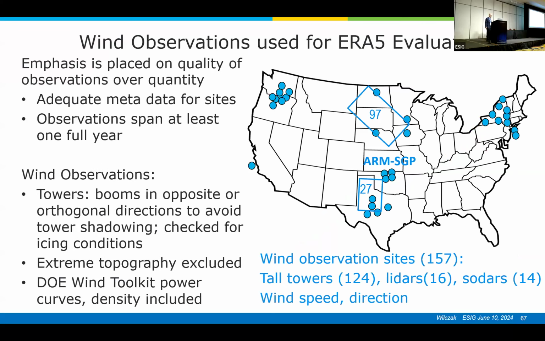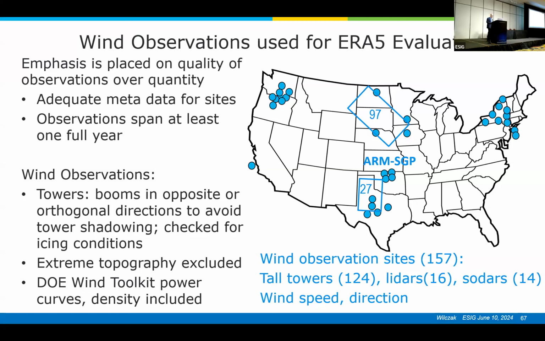So wind observations for the evaluation that we use are shown here. There's 157 sites, most of them tall towers, many of them from the WFIP1 field campaign shown in these two blue boxes. I used 16 LiDARs, 3 of which are offshore floating, and 14 SODARs. For the tower wind observations, we required booms on opposite or orthogonal sides of the towers to avoid tower shadowing.